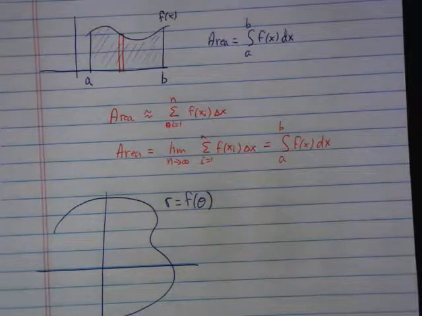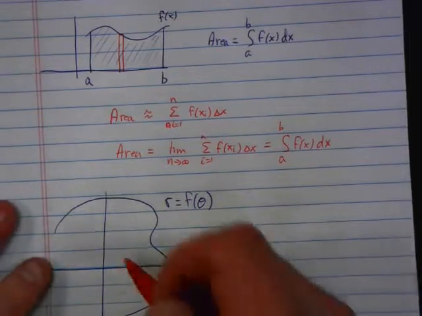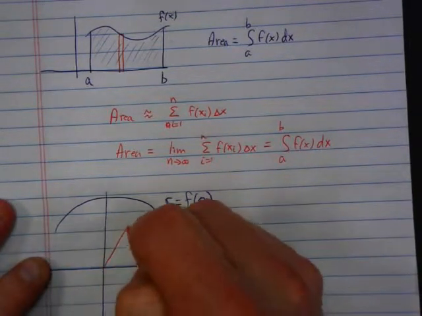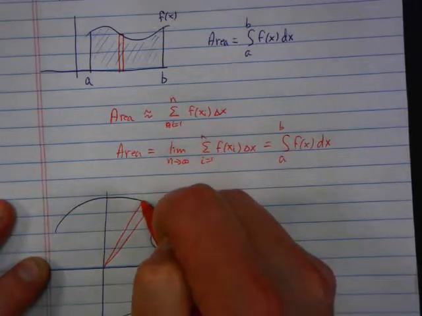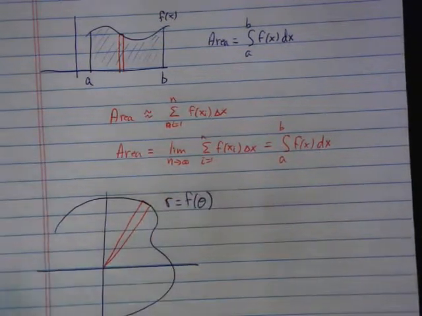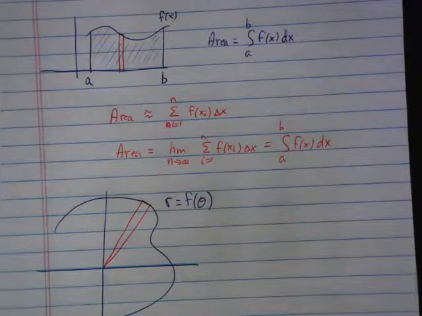Circles. Well, not quite circles, but you're on the right track. Instead of building a rectangle, we're going to build a teeny tiny little sector of a circle. And we're going to find the area of that teeny tiny little sector, and then we'll add up all the areas, and then we'll take more and more and more of them, which means we'll eventually integrate.